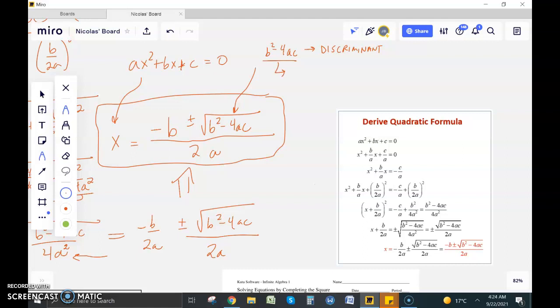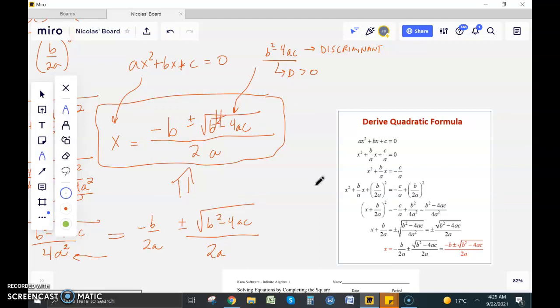If this term is greater than 0, right? I'm going to say if the discriminant is greater than 0, then when you take the square root of a positive number, right, greater than 0 means you're positive, you get another positive number. Why is that important?